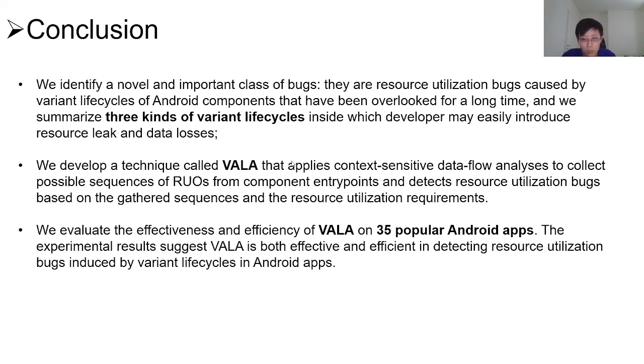Vala applies context-sensitive data flow analysis to collect IO sequences in entry points and detect resource utilization bugs based on the gathered sequences and the resource utilization requirements. We evaluate Vala on 35 popular Android applications, and the results suggest that Vala is both effective and efficient in detecting resource utilization bugs induced by variant life cycles.